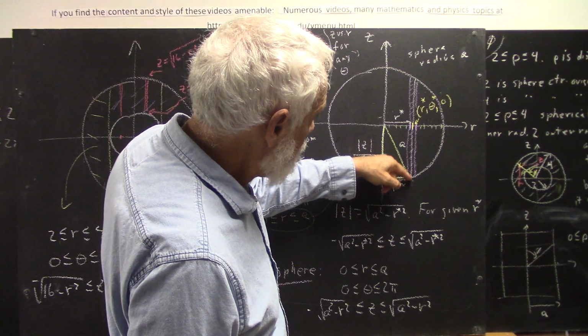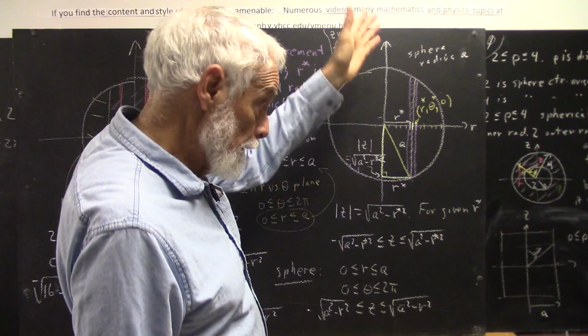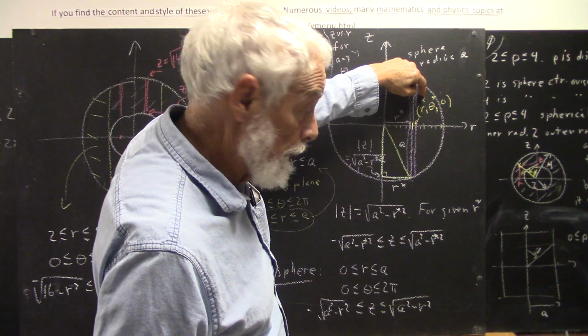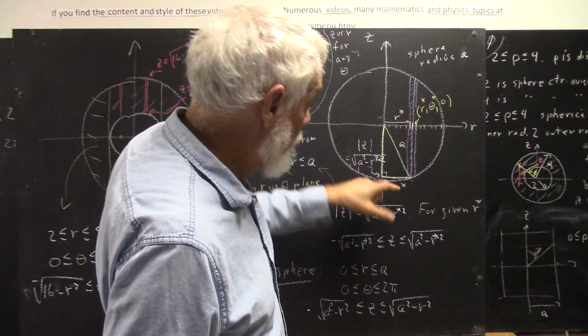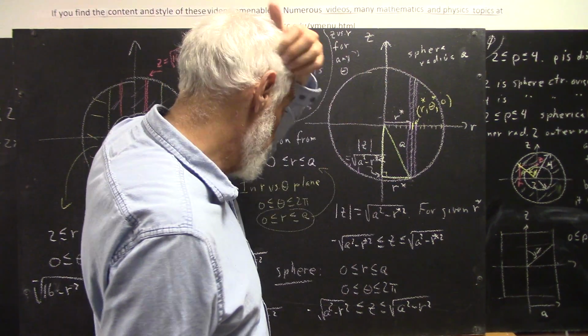This side here is vertical, perpendicular to the r-axis, parallel to the z-axis. So if this distance here is r star, which it has to be if those are the coordinates of the point, then this distance here has to be r star. Now we know this side of our triangle and we know the hypotenuse.